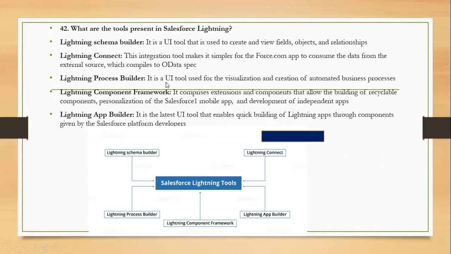Lightning Process Builder is a UI tool used for the visualization and creation of automated business processes. Lightning Component Framework is a set of compiler extensions and components that allows you to build reusable components, and the presentation personalization of the Salesforce mobile app, and development and deployment of independent apps.